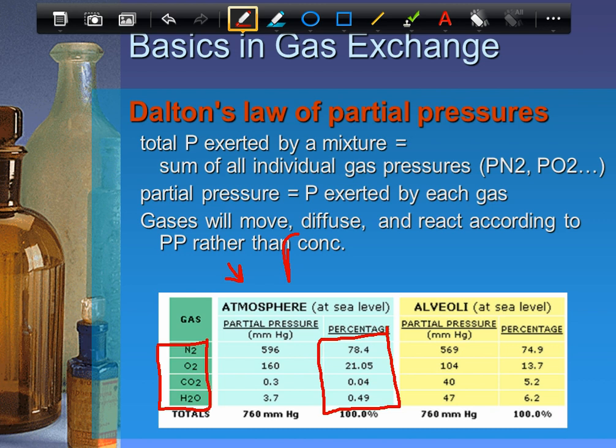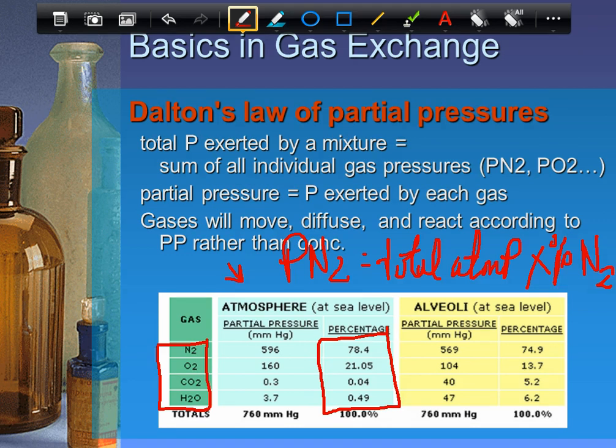If we want to figure out the PN2, the partial pressure of nitrogen, we would take the total atmospheric pressure and multiply it by the percent of N2 in the atmosphere.